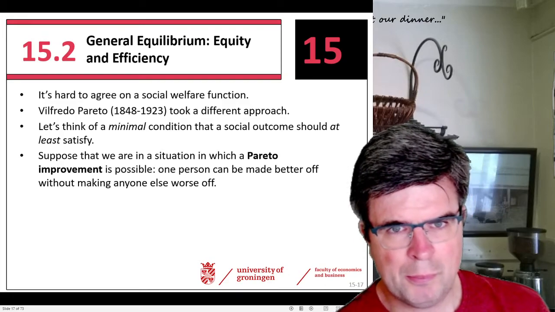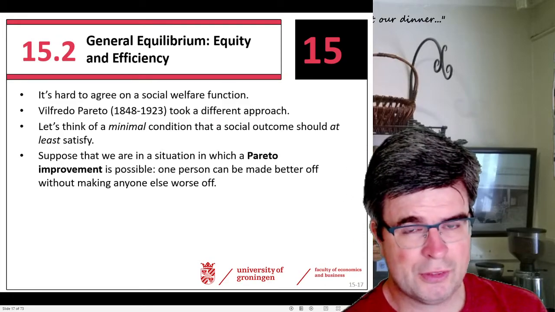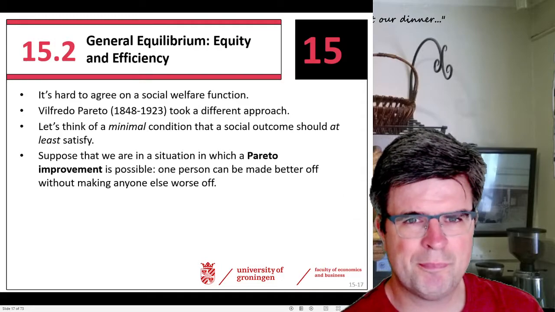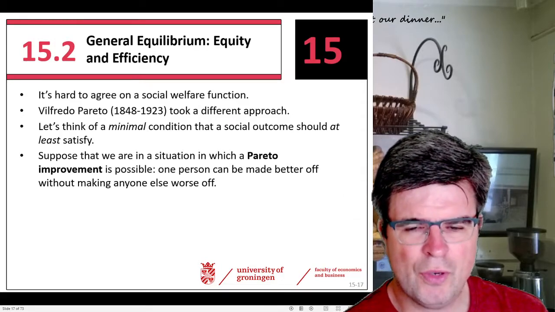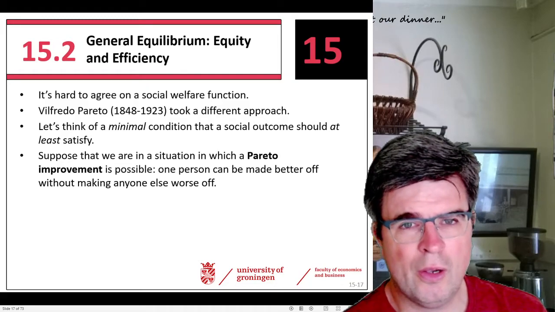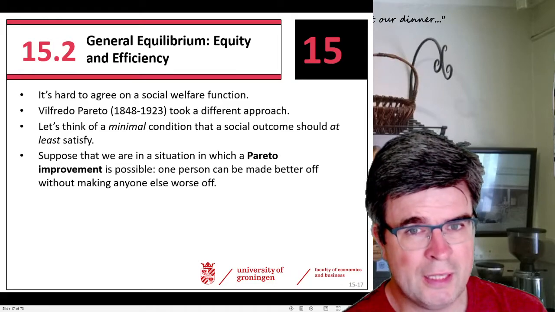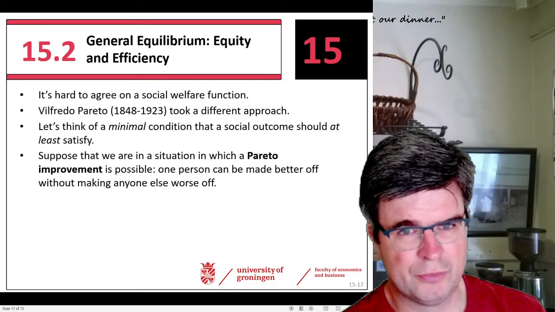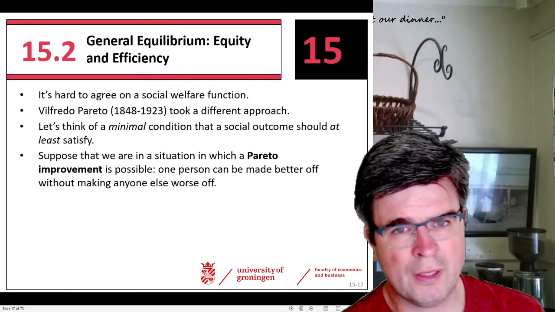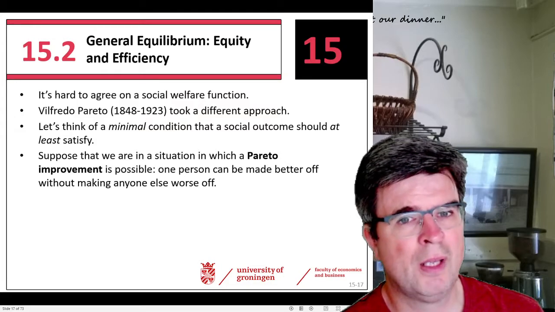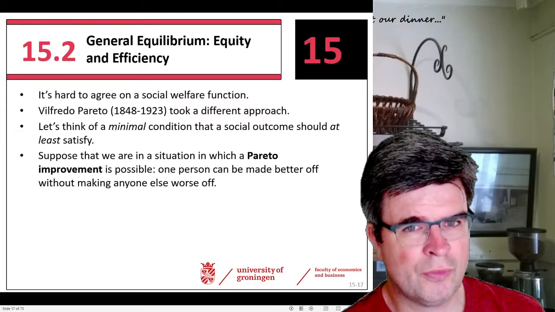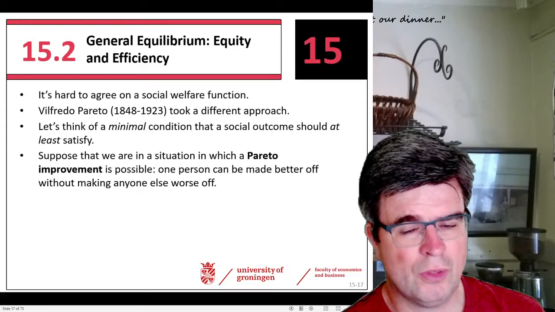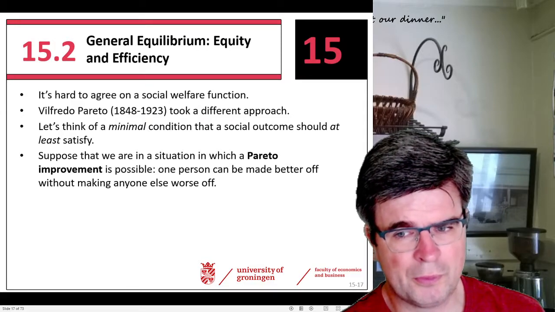And he came up with situations, which, well, he didn't call them that, but they are named after him. He thought of the situation where you could make at least one person better off without making anyone worse off. And he figured that as long as that is the case, then you did not reach yet an efficient outcome. And these are called Pareto improvements.